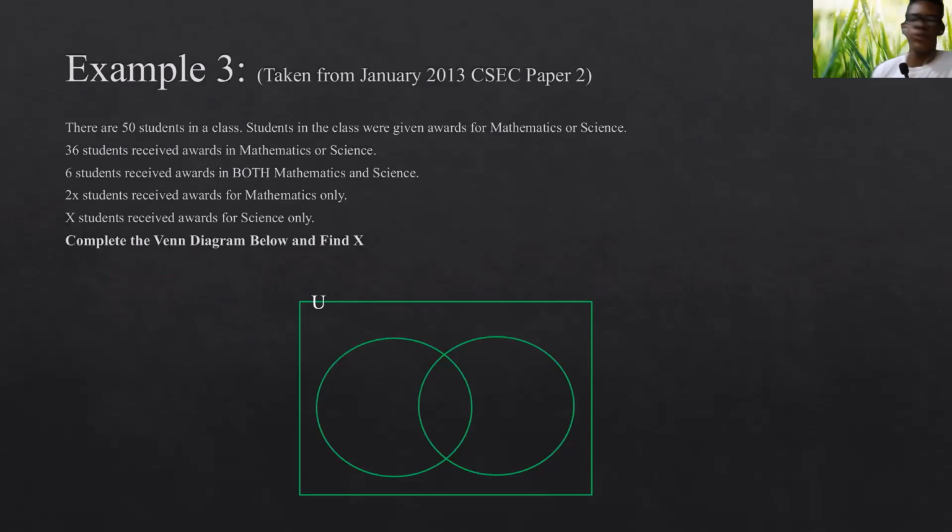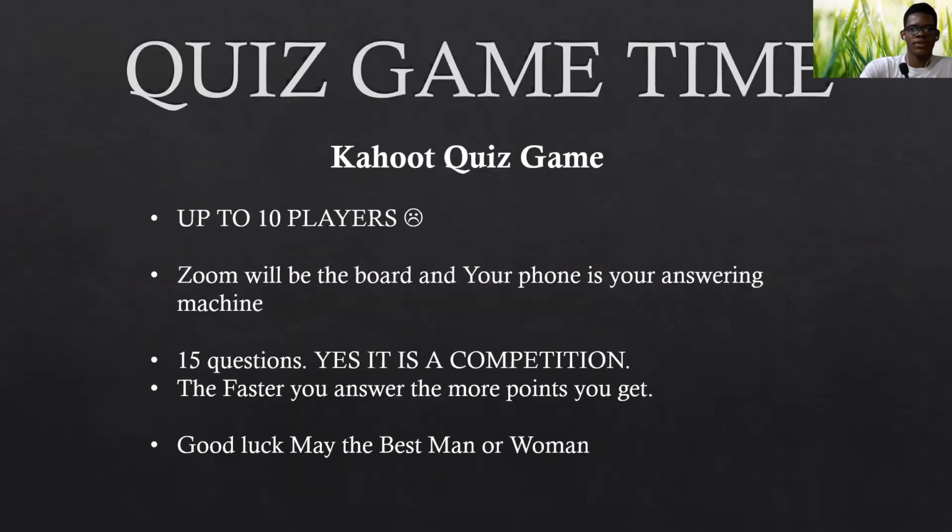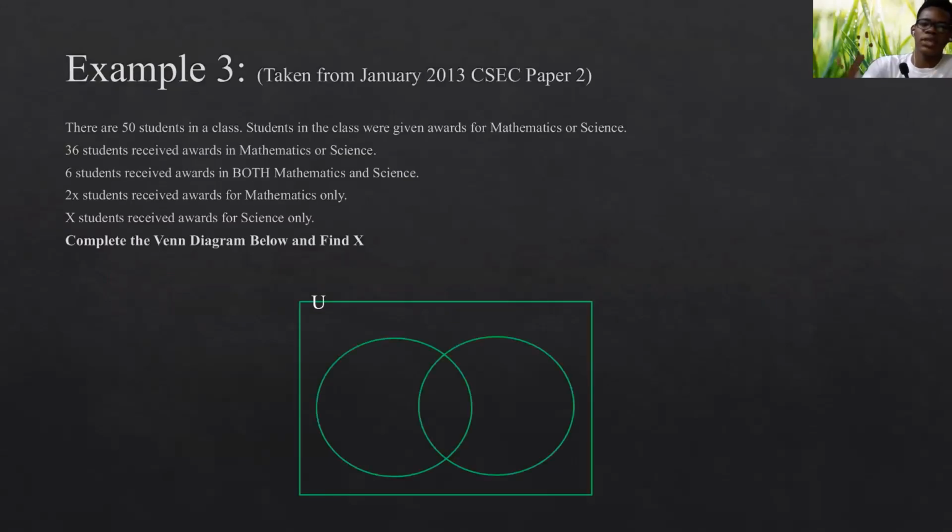There are 50 students in a class. What I might do is walk through how to do the question, and I may not actually answer the question. Find X is what I want. You just have to find X. That's the only thing here. So this entire thing, we only need to find X and complete the Venn diagram.